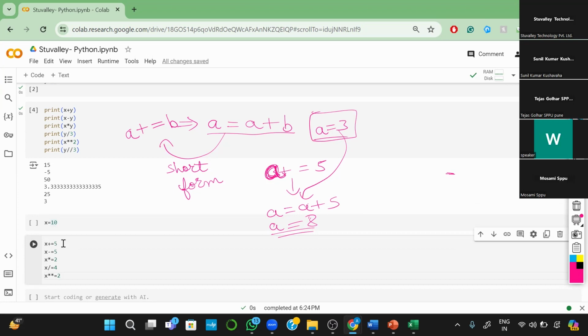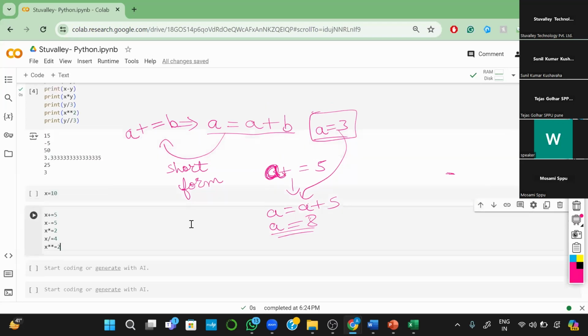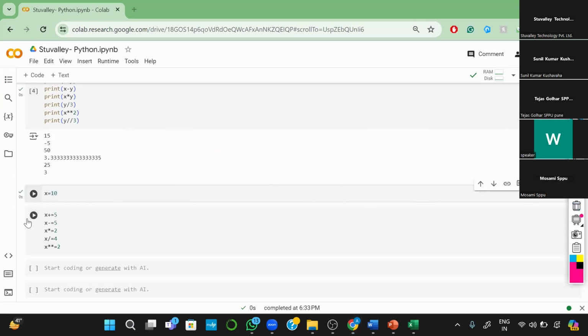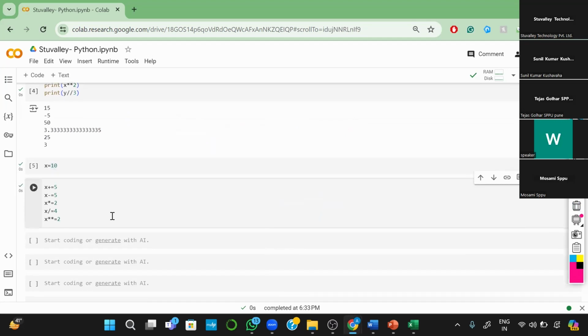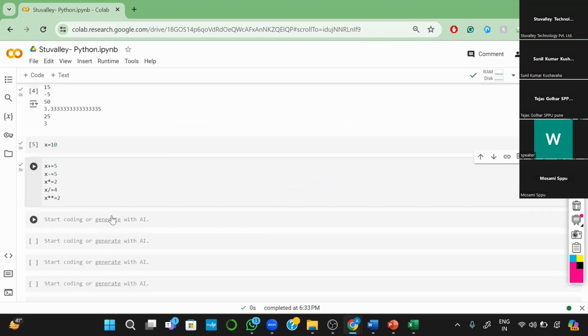Guys, can you write the values of these operators for me? Okay, cool, guys. Yeah, you are all correct. This will be the output mostly. Sure, I'll explain each and every one.